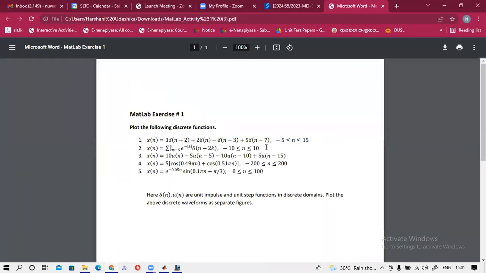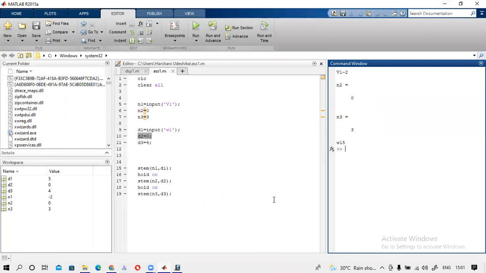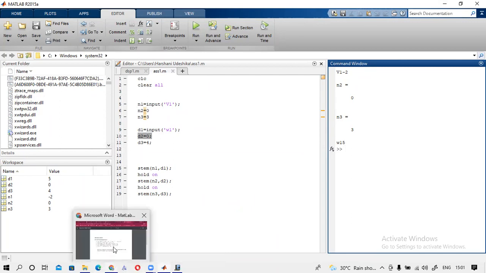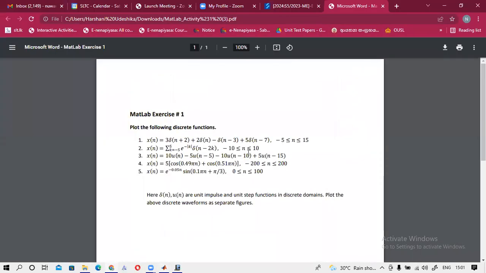Let's take this kind of one. You can see that. If I draw this, first I think you can draw this yourself. Can you take 5 minutes and try to draw this signal by yourself?